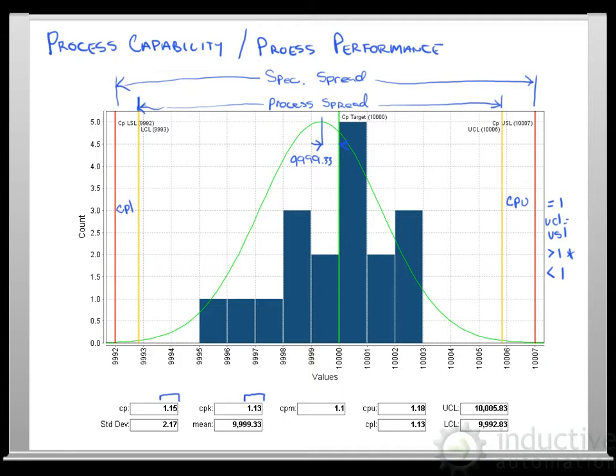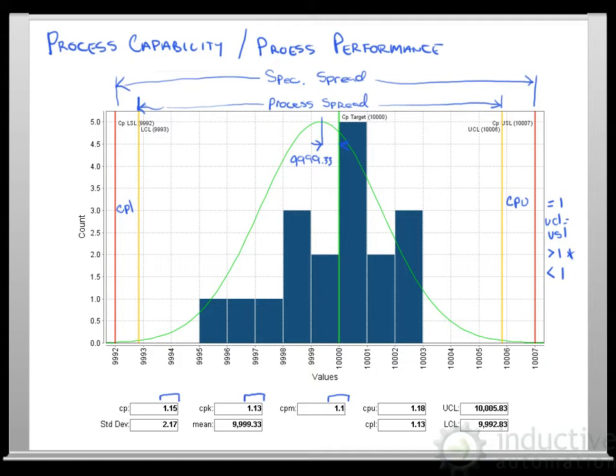So if you had one side here that was dangerously low, that CPK is going to represent that, and it's going to let you know you've shifted to the left and you're a little bit tight on your tolerances on the lower end. CPM represents how you're balanced out. Just in general, how close are you to target? You might be fine on both sides, but you're shifted, and you can start watching that over time too.